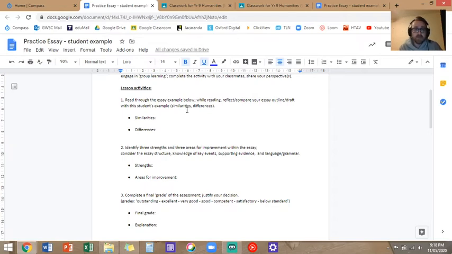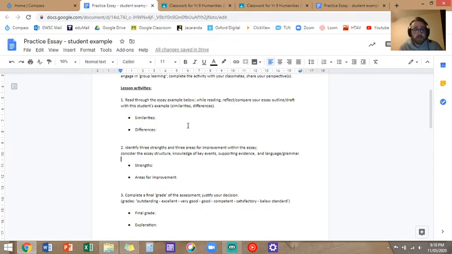Look at similarities, look at differences. Think back to your essay plan and your research grid. Are they including similar evidence? Are they including only primary evidence? Oh, that means I haven't got enough. Something to consider. So read through the essay is step one, and then identify a few similarities or differences there.